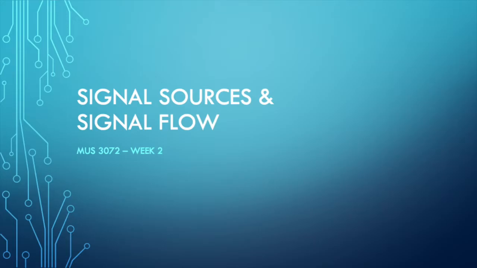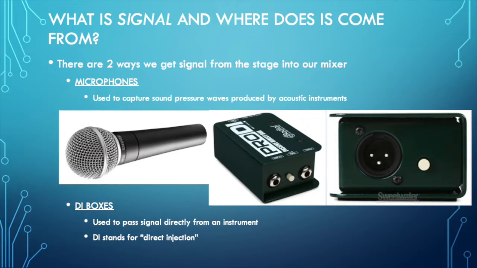When we refer to signal, we're talking about an electrical signal. And it's going to come from really one of two sources that we're going to be getting from our stage. That's either coming from a microphone or coming from a DI box, often called a direct box.